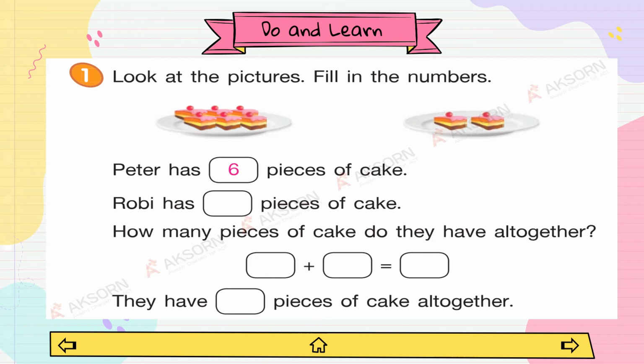How many pieces of cake does Robbie have? 2. So if we put it in a number sentence, how many pieces of cake do they have altogether? 6 plus 2 is equal to 8. So therefore, they have 8 pieces of cake altogether.